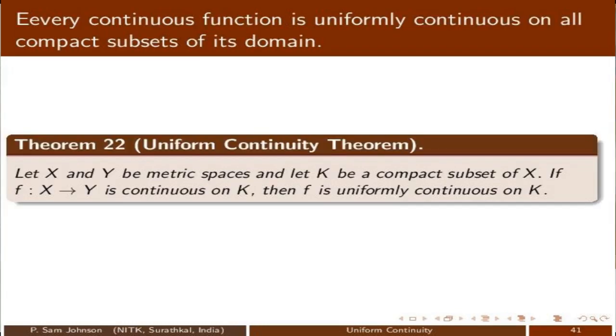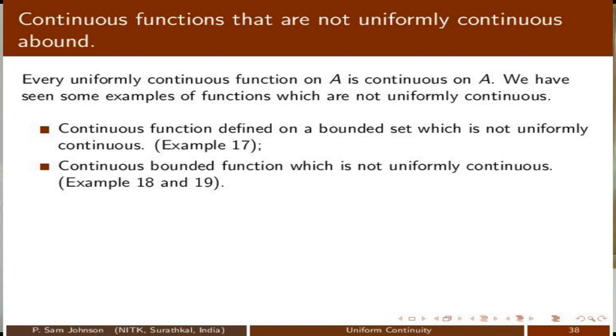Now, we are going to see a theorem called the uniform continuity theorem, which says a continuous function on a compact subset of a metric space is uniformly continuous. But we have seen some examples showing that bounded domains are not sufficient.